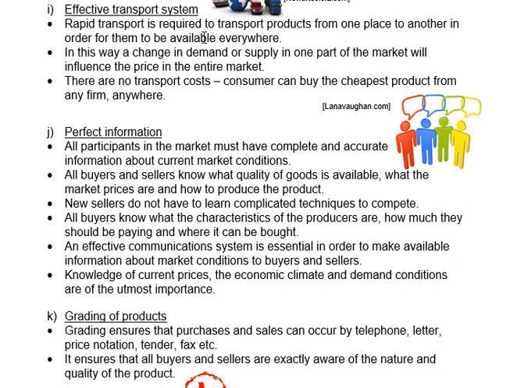Okay, so obviously an effective transport system is needed to transport products from wherever they have been produced to all the markets to make sure that they are available everywhere. All right, so basically any changes in demand or supply in one market are going to influence the price for the entire market.